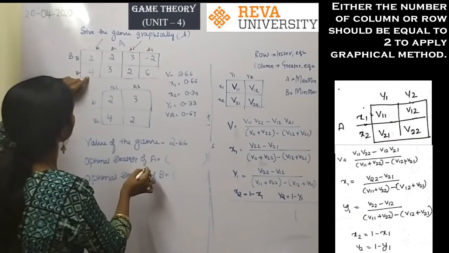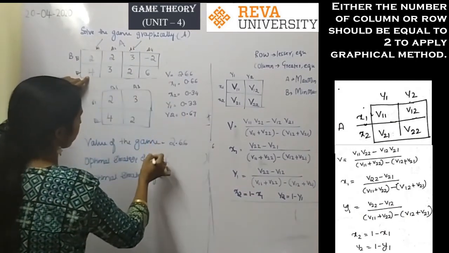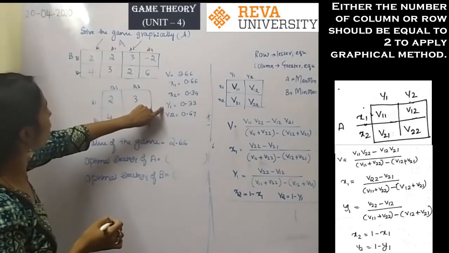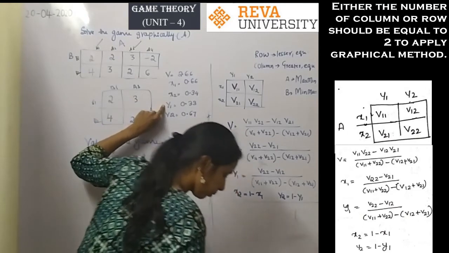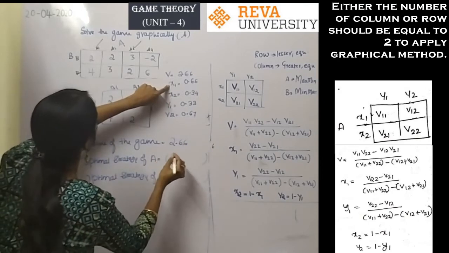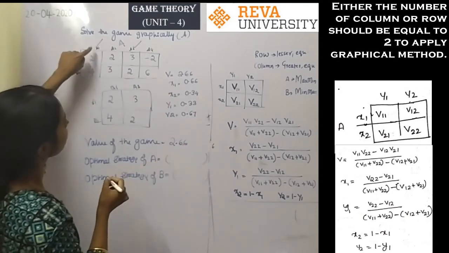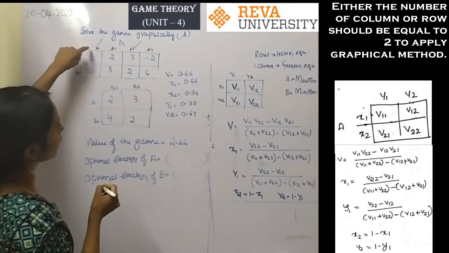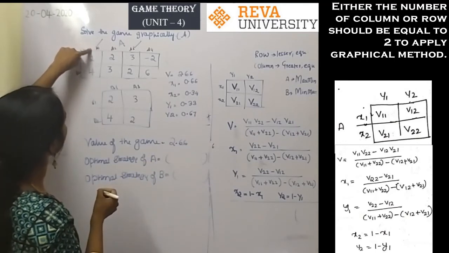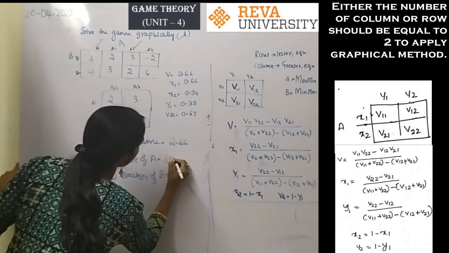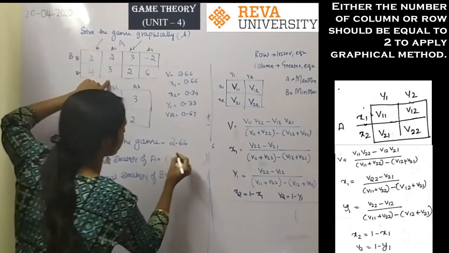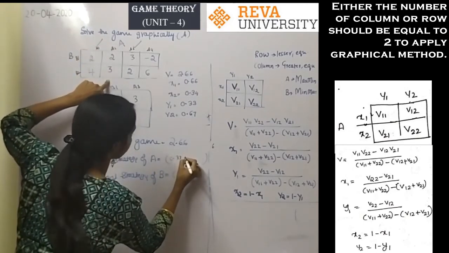So the optimal strategy of A will be x1 equals, here, the first strategy value is 0.66 and you have not used the second, so this will be 0.